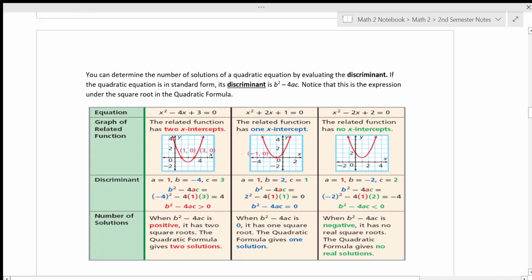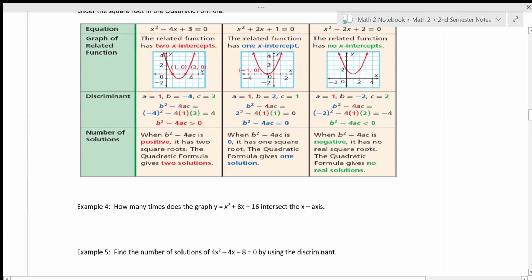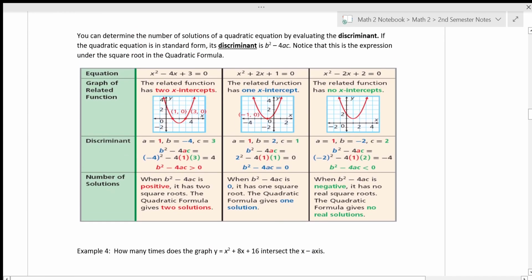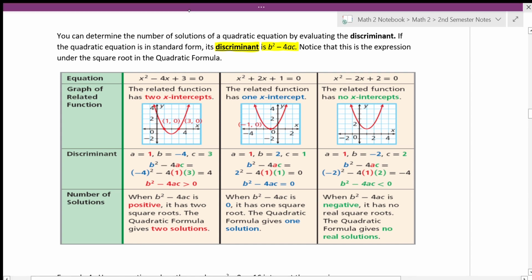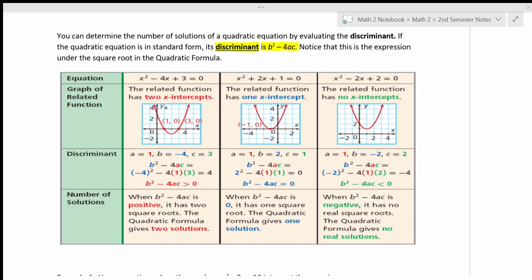Okay, go to the next page because the summary box is there, but the notes actually finish on the next page. So the little piece that's under our radical is called our discriminant. Okay, that's just the b squared minus 4ac part. And what we can use that discriminant for is to determine how many roots our graph is going to have.